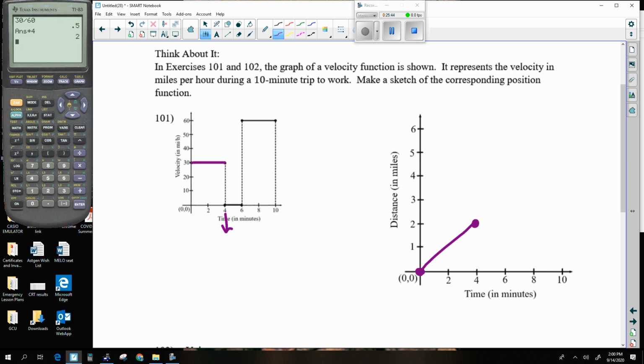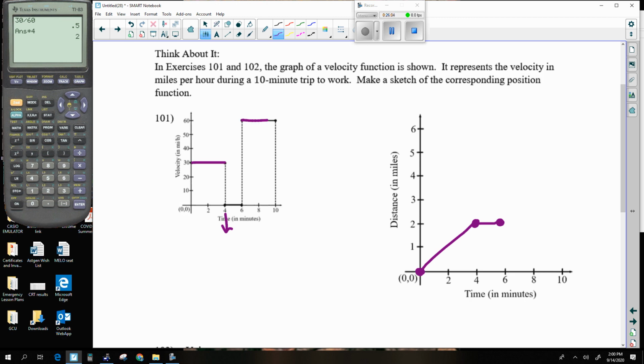And then notice my velocity is 0. So how far do I go if I go 0 miles an hour? I go nowhere. So I stay at that 2 miles that I went. I stayed at that 2 miles.